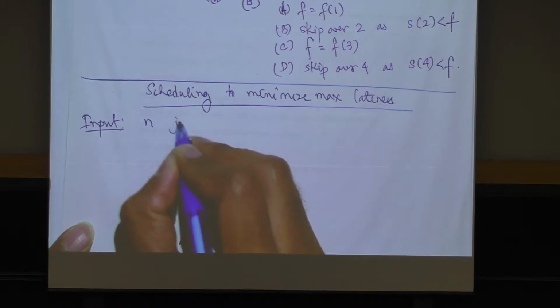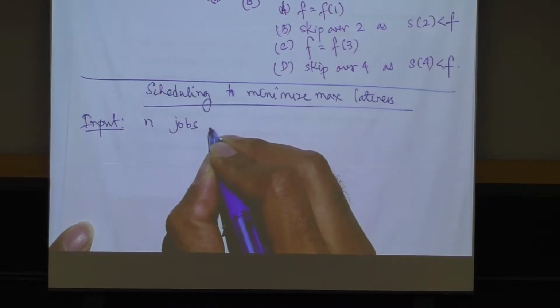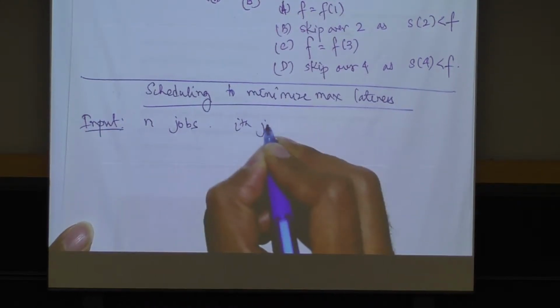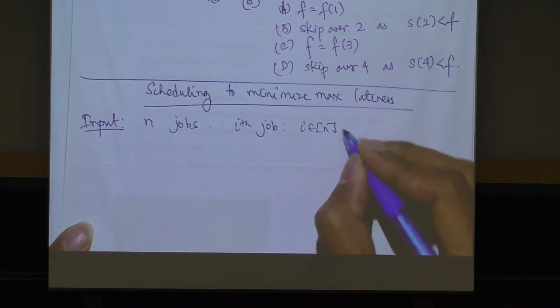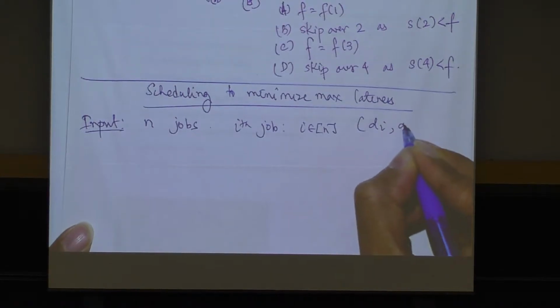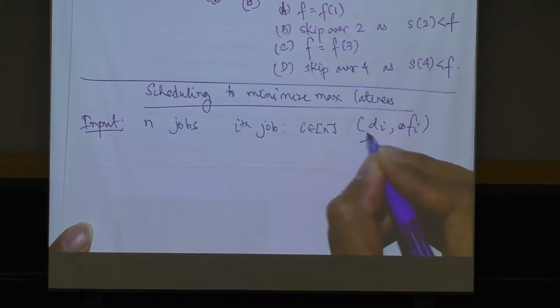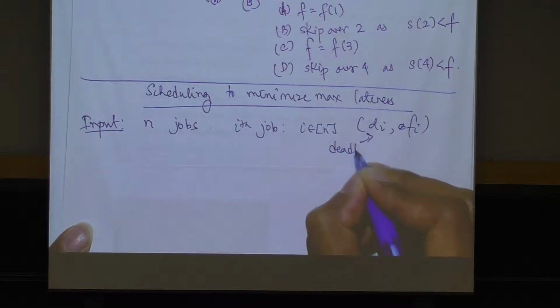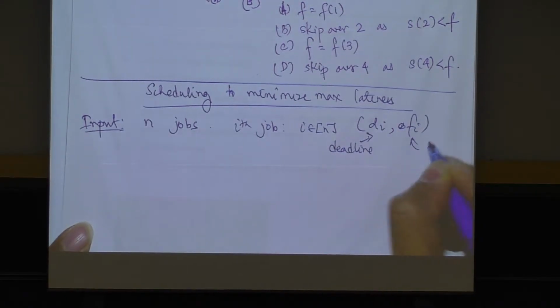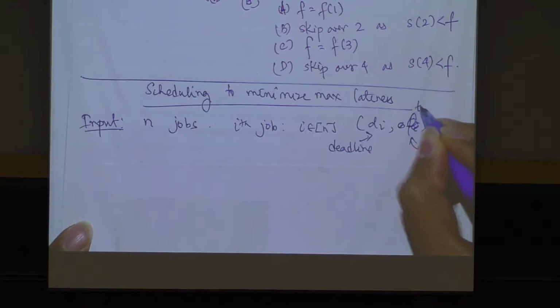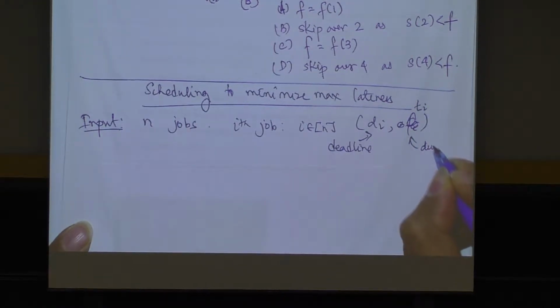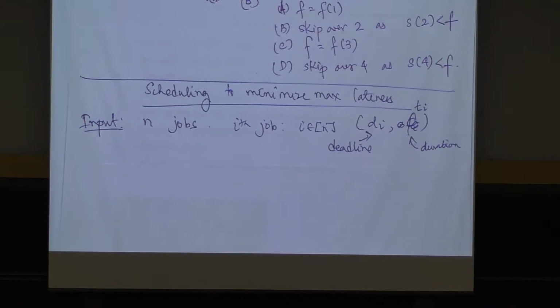So I have n jobs, and the ith job has 2 parameters, di and ti. di is the deadline. ti is the duration. So again, each job has a deadline and how long it will take for you to do it.